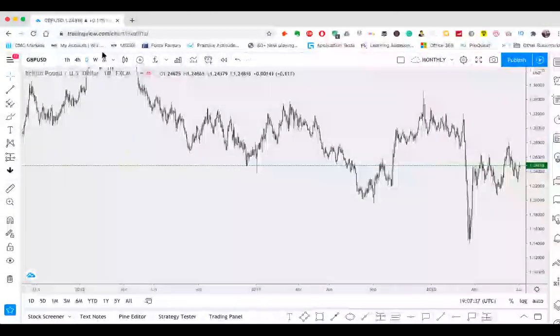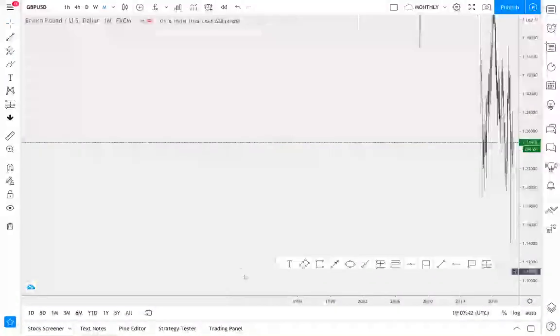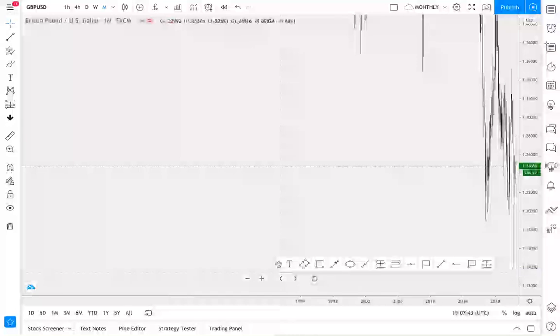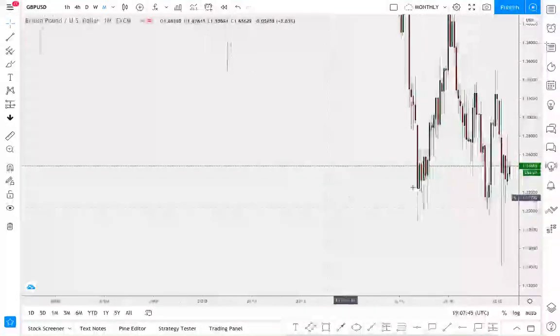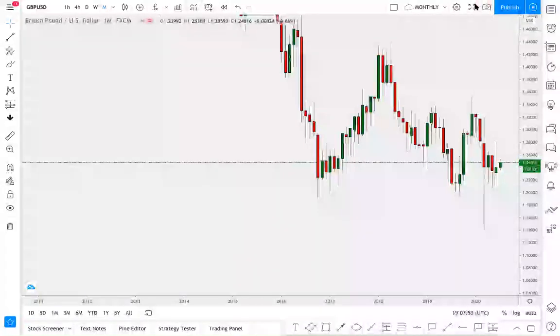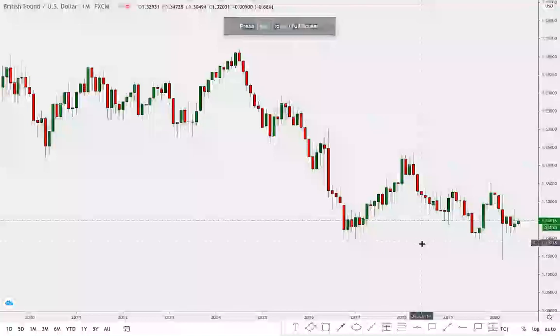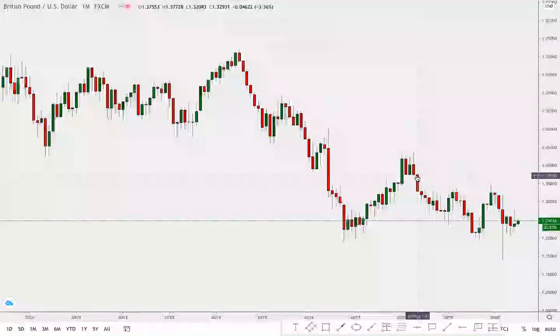So this is GBP USD. Let me expand this pretty nicely. This is the monthly time frame. I'll explain why I took the trades, and everything I'm telling you here was as it happened.